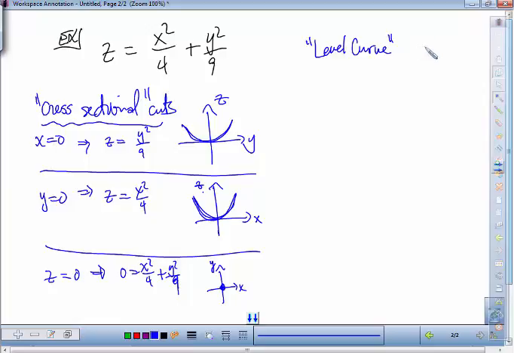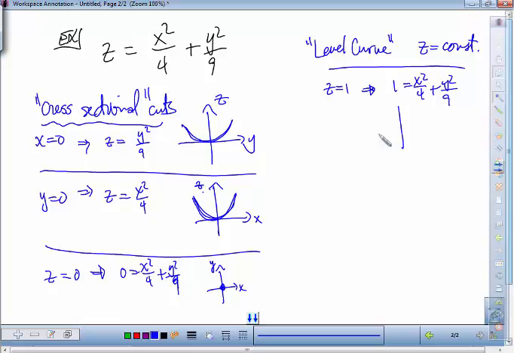A level curve is made by setting z equal to some constant. So we'll take a look at when, say, z is equal to 1. What do you get? You get 1 is equal to x squared over 4 plus y squared over 9. And this is the reason why it's called an elliptic paraboloid, because a level curve of this.